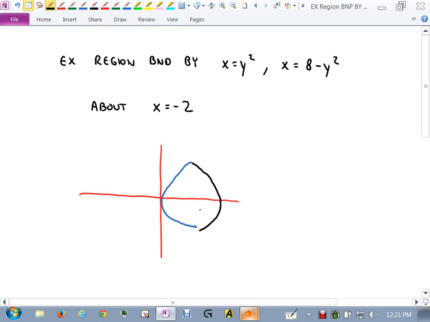That's probably the worst looking parabolas ever. That's our same region, right? I just cut the parabolas off, so you know. But now we're rotating around x equals -2.